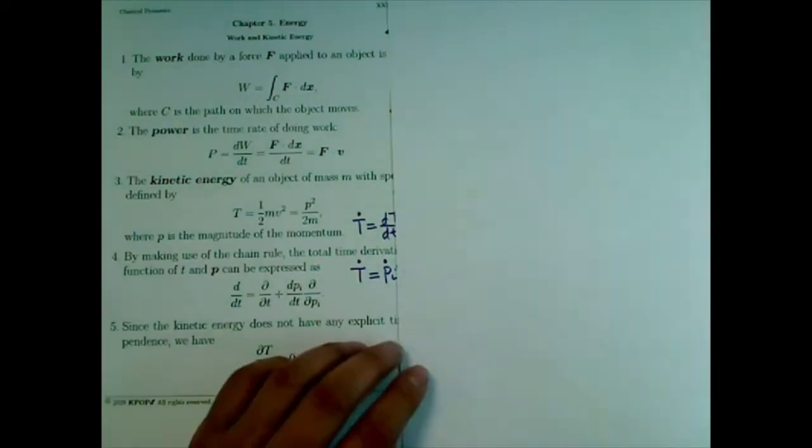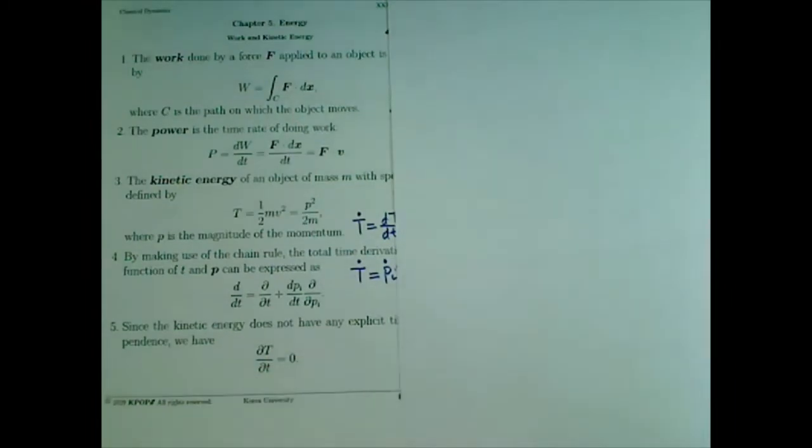And the work done by the force is defined here. And as a result, if some work is done on an object, it changes its energy. And the most important energy is the kinetic energy.